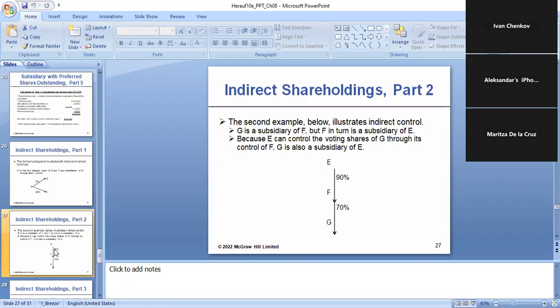The indirect control will be G, a subsidiary of F. But F is a subsidiary of E. Now, since E owns 90% of F, and F owns 70% of G, we can say that company E indirectly has control over G.